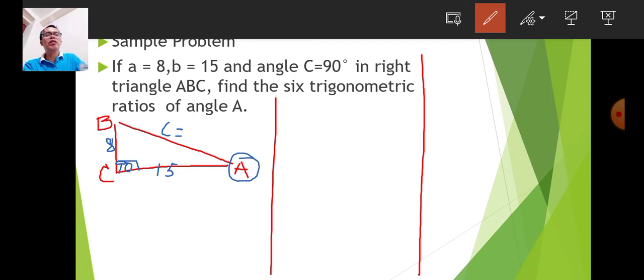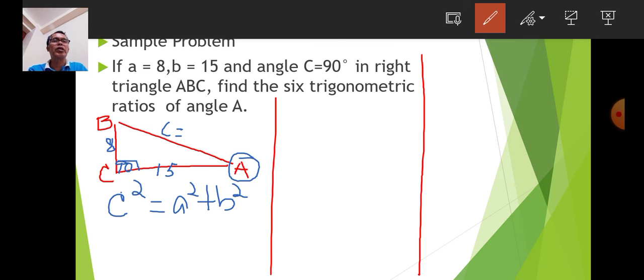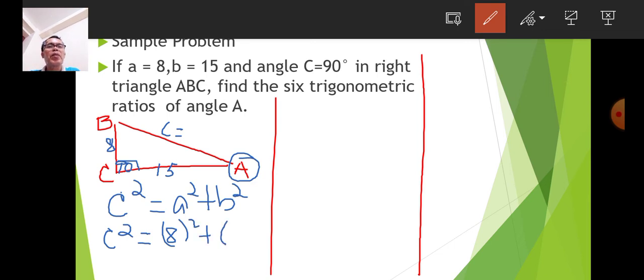C is the hypotenuse, so C squared is equal to A squared plus B squared. Substituting the corresponding values, C squared is equal to 8 squared plus 15 squared.